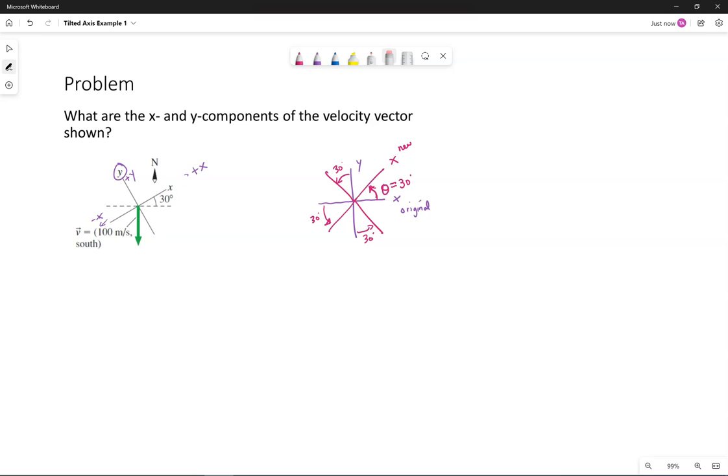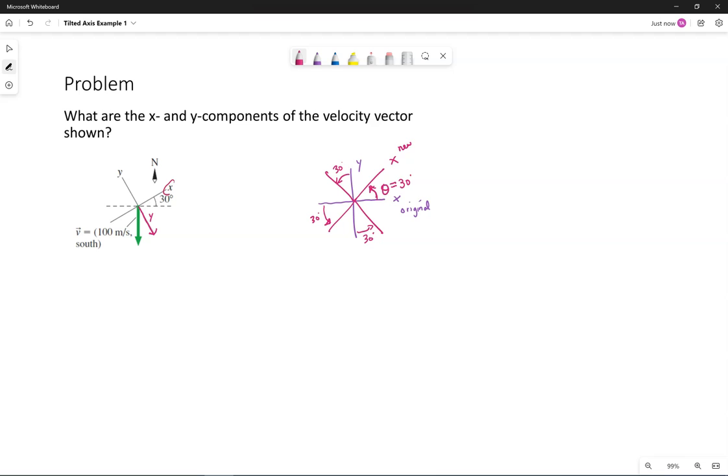That comes in handy in terms of drawing out this vector. Because this velocity vector over here is pointing in the original negative y direction, but this is our new y direction, I can say this is the y component of this velocity vector.